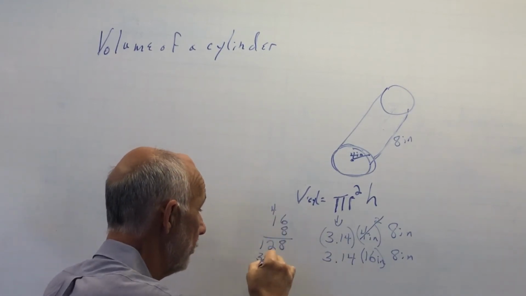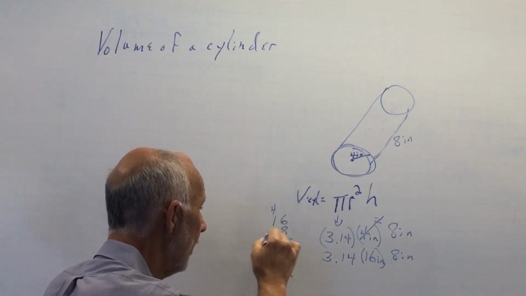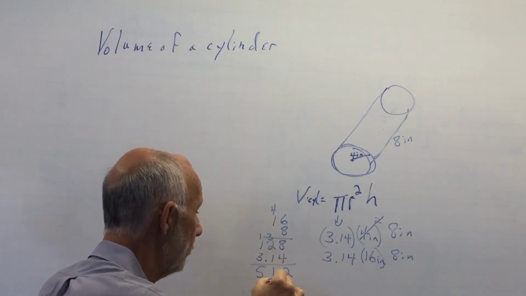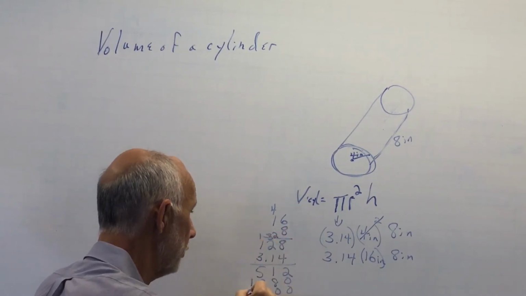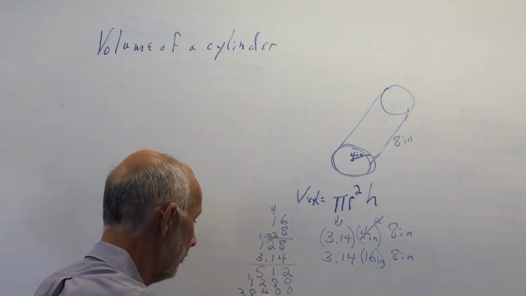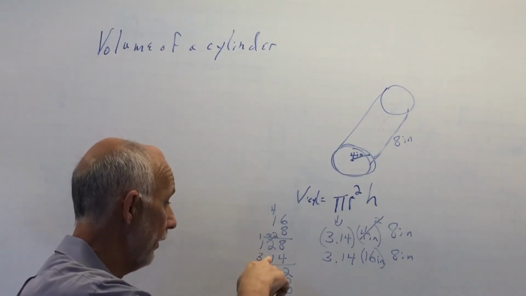And then multiply 128 times 3.14. By the way, for you, none of this is important, because I'm letting you use your calculator to do the calculation. But since I don't have a calculator here, I have to do the calculation.